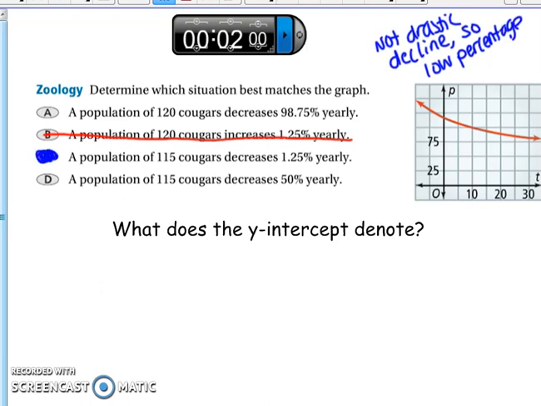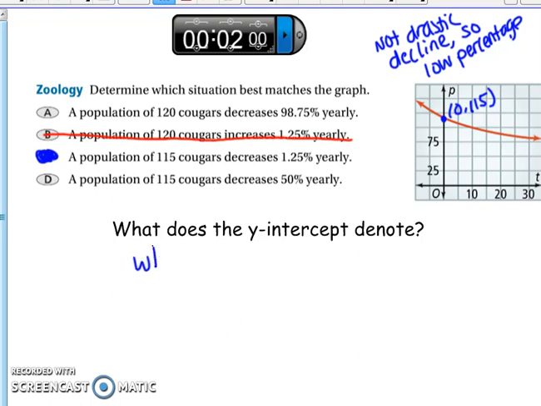And then what does the y-intercept denote? So y-intercept is going to be, in this case, right here, which is 0, 115. Because based off of that we chose C, the population of 115 cougars. So it's starting with that.